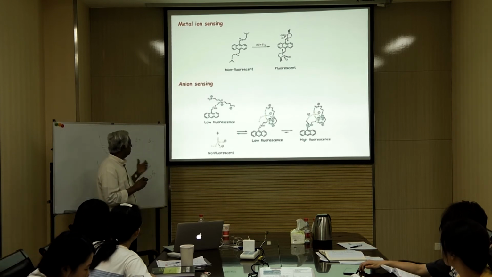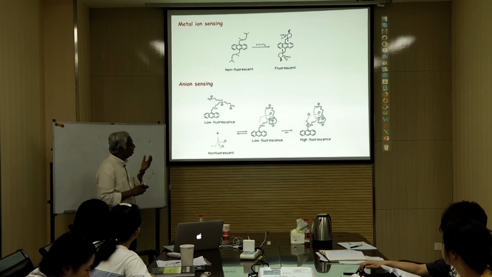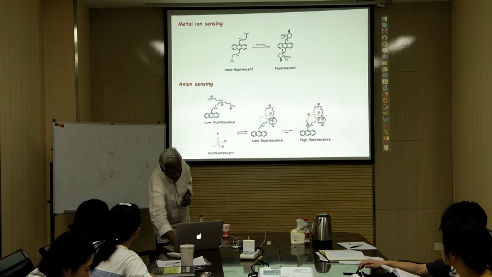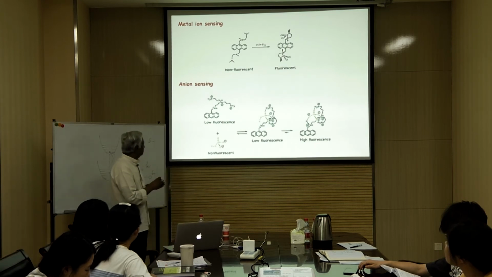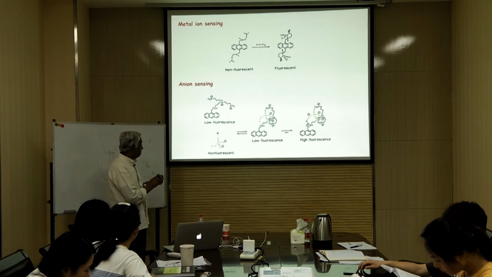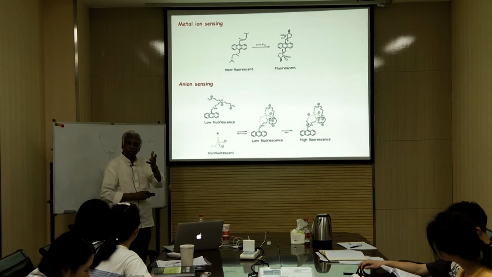You can think of this as a whole bunch of things. And there is this molecule. Okay, let me just turn off all this. So this part is the fluorophore, and this part is the receptor. If you keep changing these things, you can sense different things.